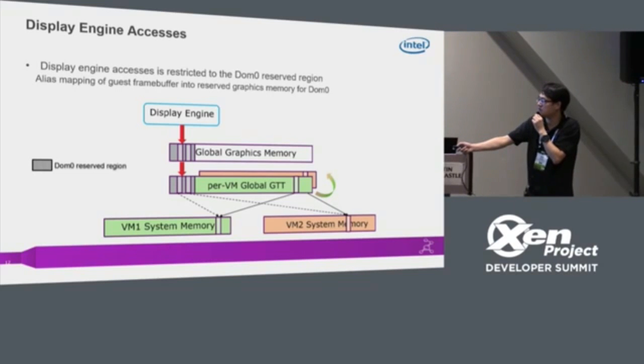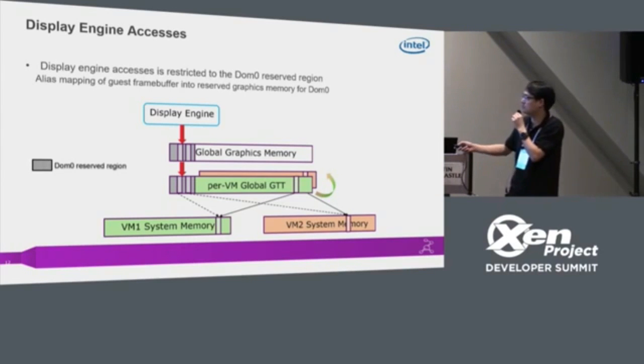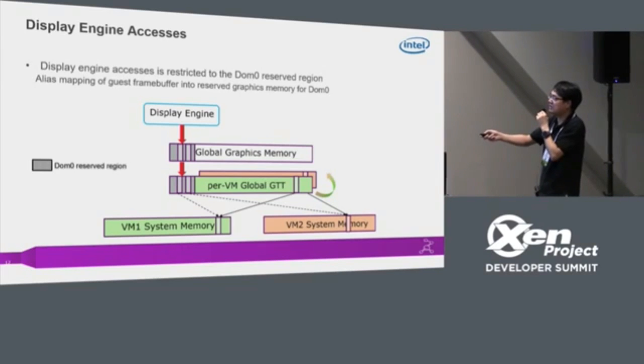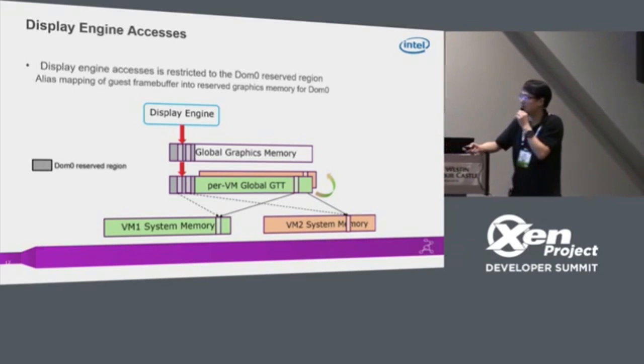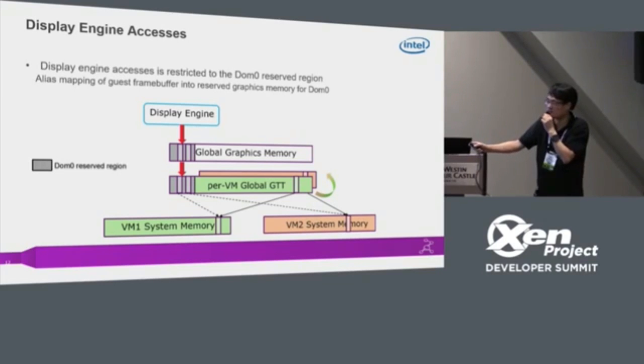This range is not changed during our global page table switches. And the same frame buffers will have duplicate mappings. One is from the render engine access through this path, and we also prepare this mapping in this reserved range here. So this range will keep every VM's mappings. So no matter whether the global page table is switched in or switched out, you can always go into this path and find its frame buffers. So this is how we address handling the display engines in parallel access.